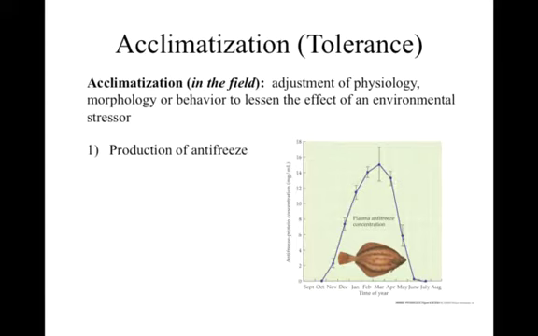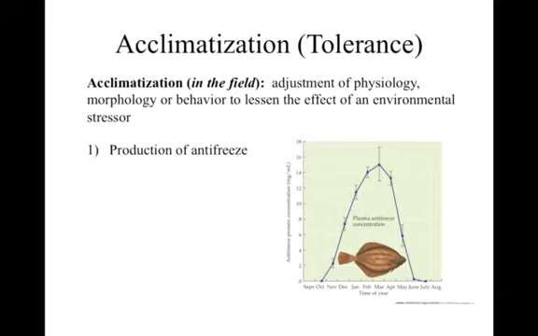All right. So how do you accomplish acclimatization, right? It's nice to say, well, these organisms sort of adjust in order to take on this stressor, in order to face this challenge. And so if I keep them in the cold for a little while, then they're much better at dealing with cold when I make it really, really, really cold. How do they do that? Well, there's a couple of ways they can do that. So one example would be they might produce antifreeze. And flounder do this.